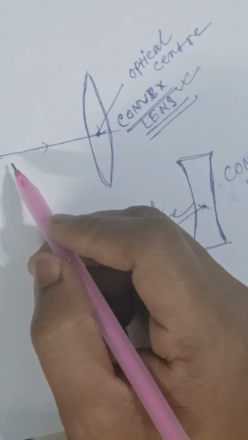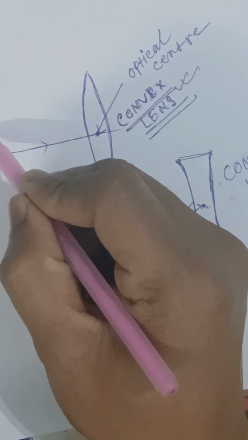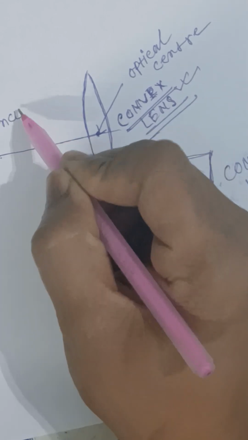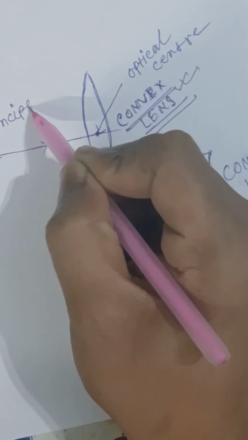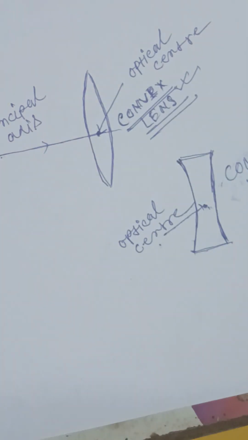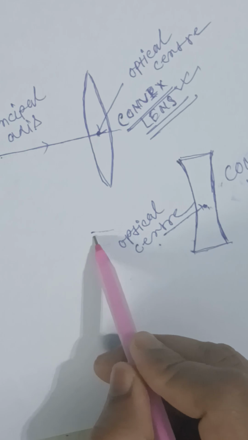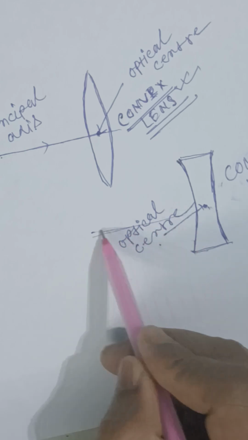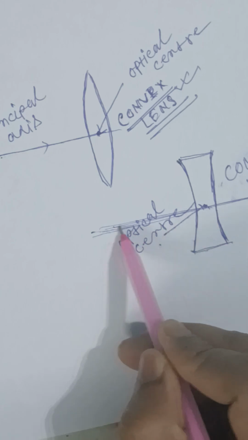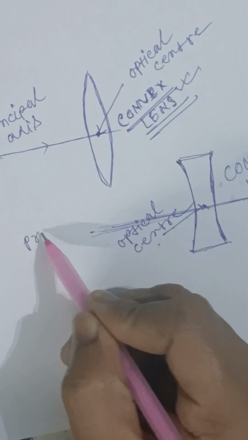It is called the principal axis. Similarly, here is also one straight line which passes through the optical center and is also perpendicular to both surfaces, and it is also called the principal axis.